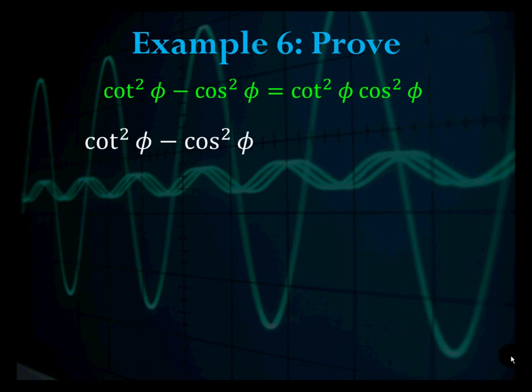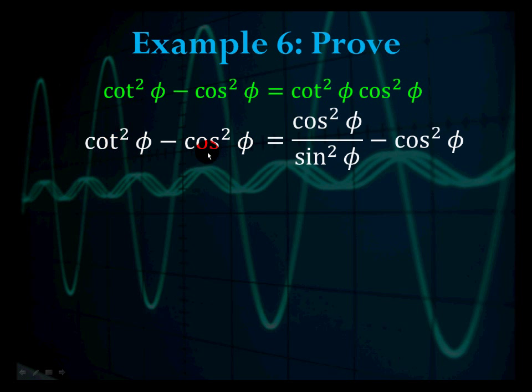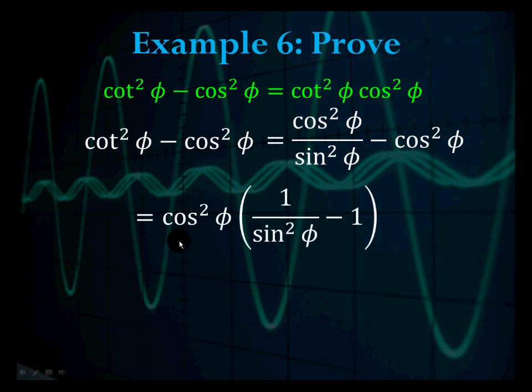Alright, so let's start with the thing on the left, and let's convert cotangent squared into cosine squared over sine squared. Now, what we can do is several things. You can have a common denominator. I decided to factor out the cosine squared phi. So cosine squared phi times 1 over sine squared phi minus 1 equals what we had before.